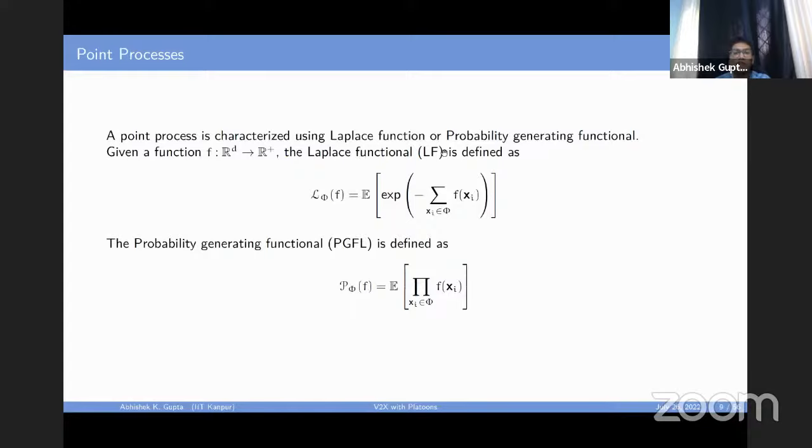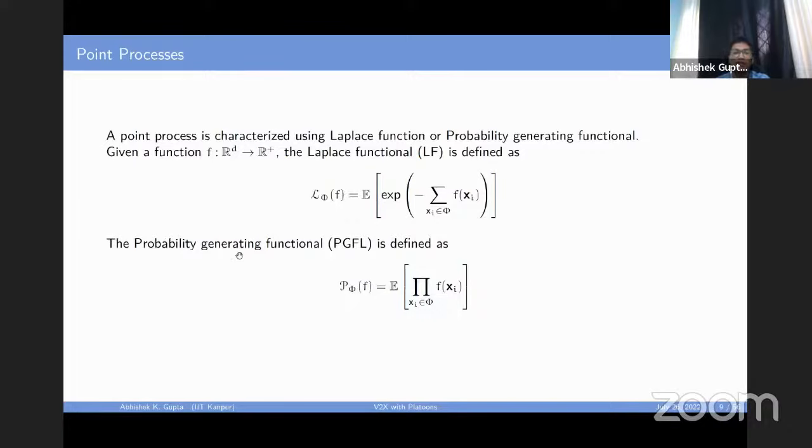Then the Laplace functional is defined as the expected value of the exponential of minus the summation of that function over each point of the point process. You compute the function values at all the points, take the summation, do exponential minus this, and compute the expectation over different random realizations. We get the Laplace functional.